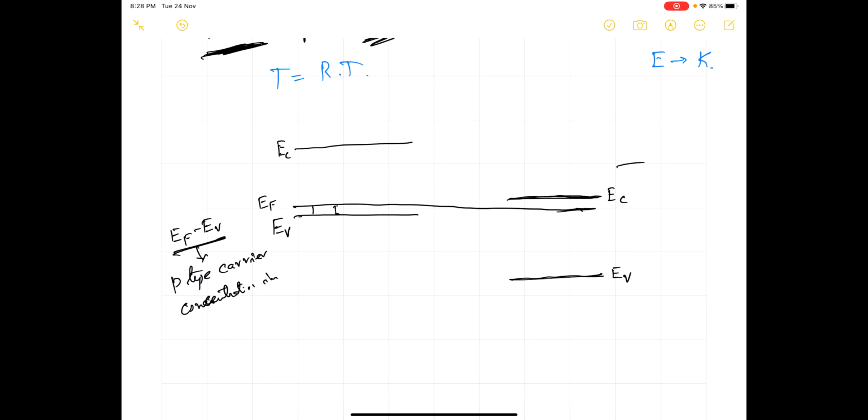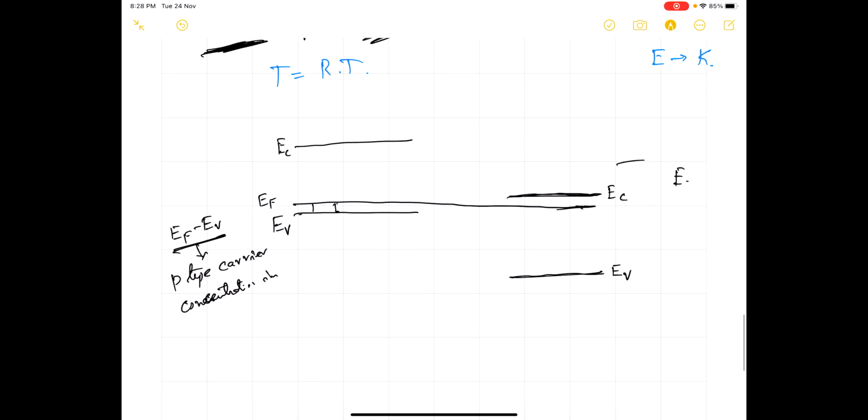So EC minus EF gives you the n type carrier concentration. Because here at the end is the n type and here is the p type, it has to retain its behavior. And in between, it will simply go like this.